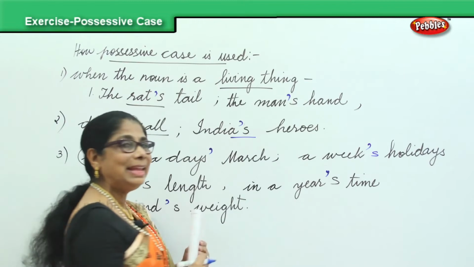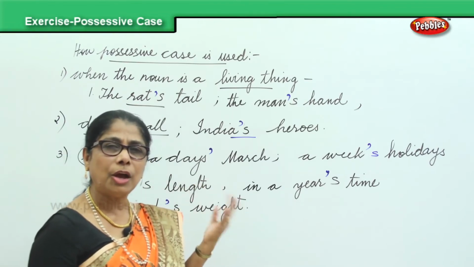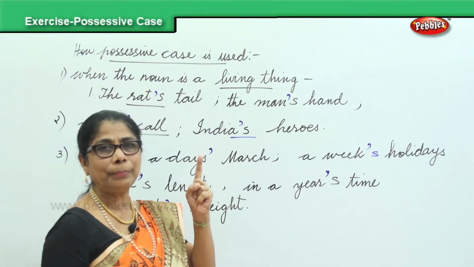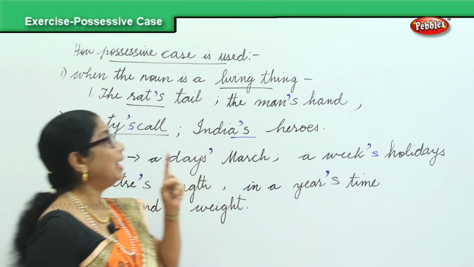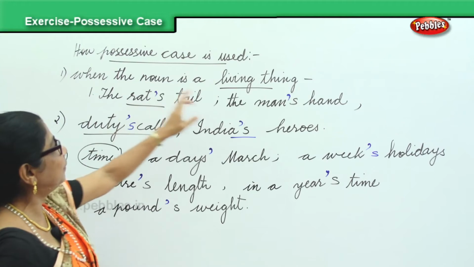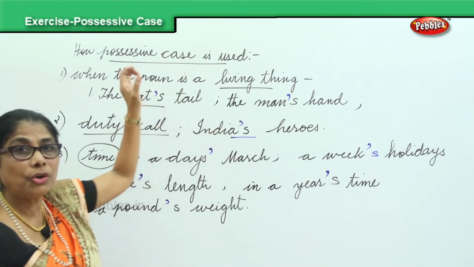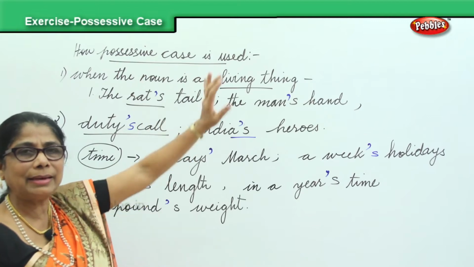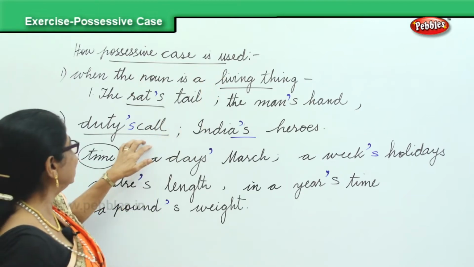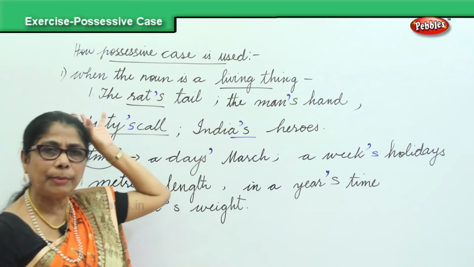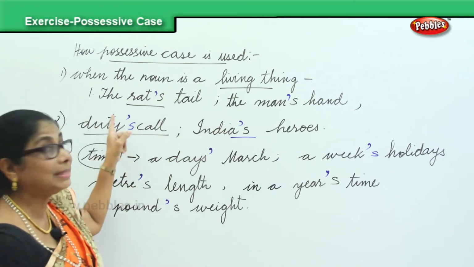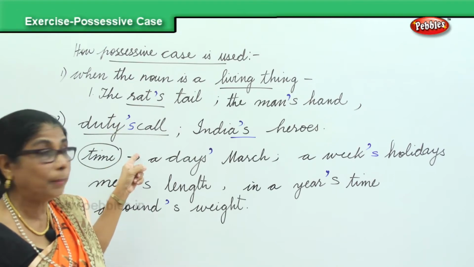Now, these are three other different ways of forming the possessive case: where to put the apostrophe and where the S follows. In the first case, the living thing, the noun is followed by apostrophe and S. In the second case, when it personifies, we are talking about your duty or about India, then you put the apostrophe followed by S.